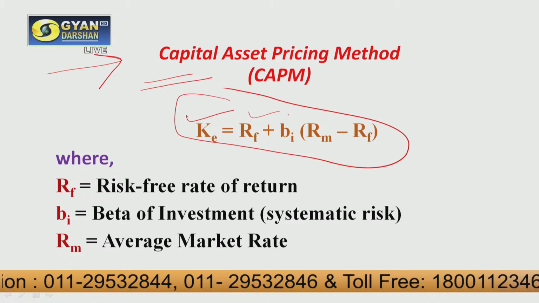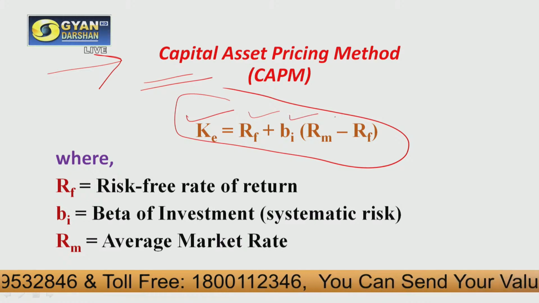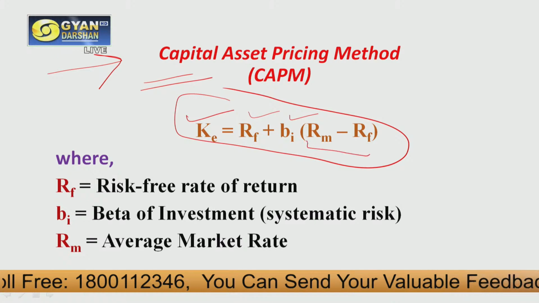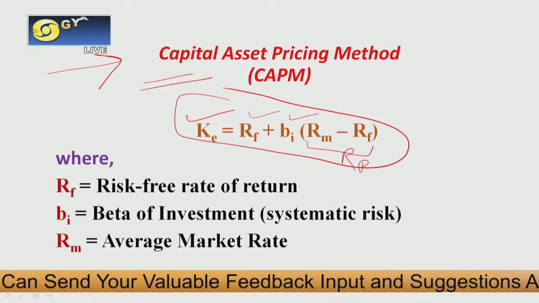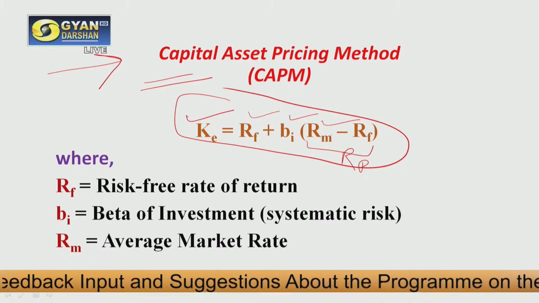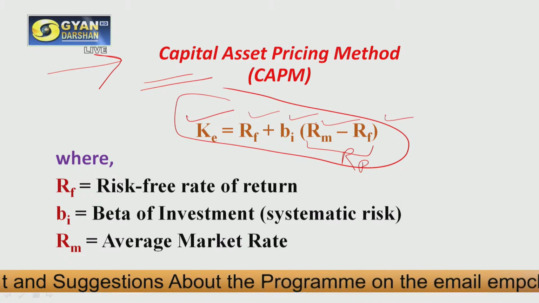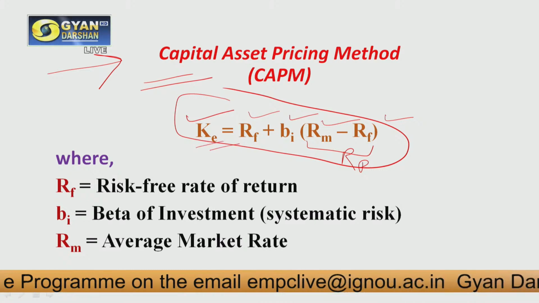We just need to add our beta of investment, that means the systematic risk, and this portion is our risk premium. And how can we calculate risk premium? By subtracting the risk-free rate from the market rate. So by using this equation we can calculate KE, that is cost of equity, using the CAPM model.